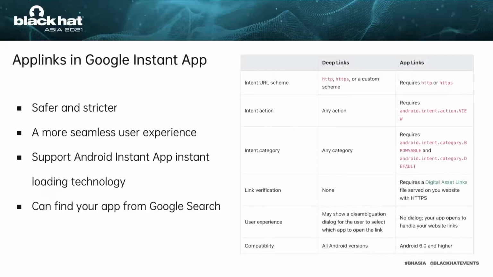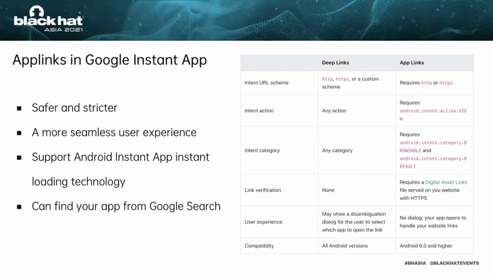Google Instant App supports two types of links, deep link and app link. App link is a kind of deep link, but they have some differences. Deep link supports any custom internet URL scheme, but app link only supports HTTP or HTTPS. Deep link can use any intent action, but the app link only allows the intent action of action view.